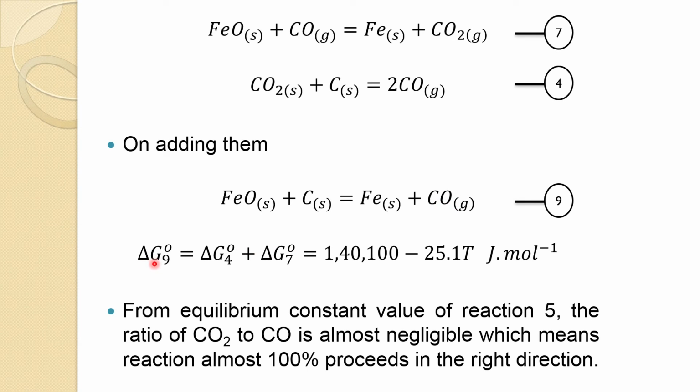So, the overall free energy for this, and you can see it is a highly endothermic reaction, so it needs quite a lot of heat. From the equilibrium constant value of reaction 5, the ratio of CO2 to CO is almost negligible, which means the reaction proceeds almost 100% in the right direction.